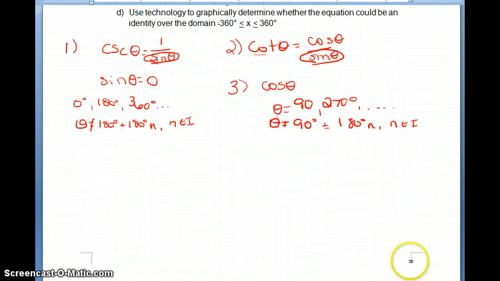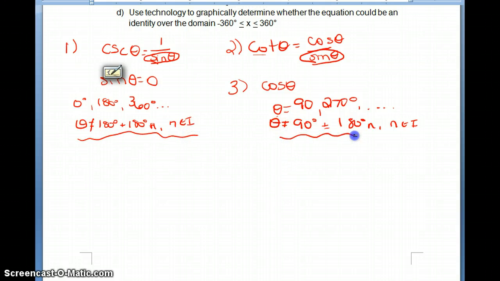Just going to scroll it down here a little bit. So what we need to do is make a generalized form, combining what we found in each of our little samples here. So a generalized one that we can say here is that theta cannot equal... If we look at, say, even just this third one here with cosine, we're dealing with 90 degrees, then we go to 180 degrees, then 270, 360, so we can make a generalization that theta cannot equal 90 degrees plus 90 degrees n, where n is an element of integers.